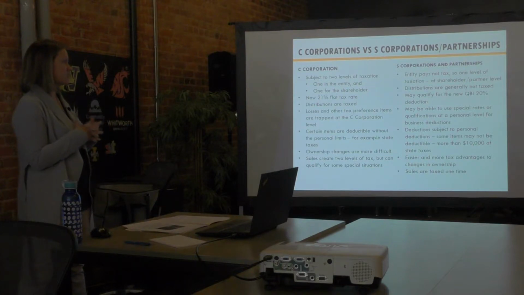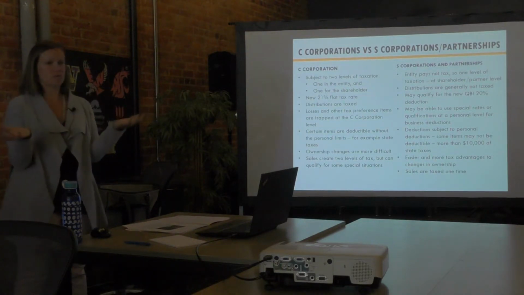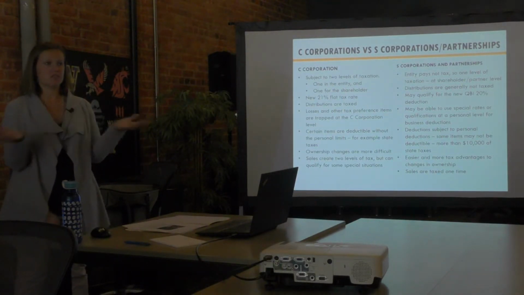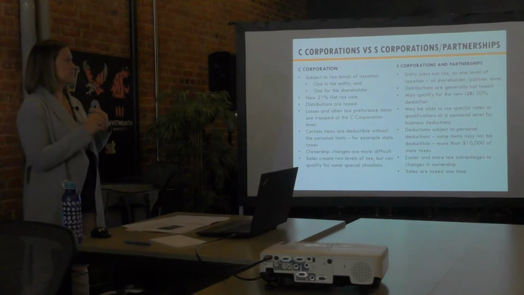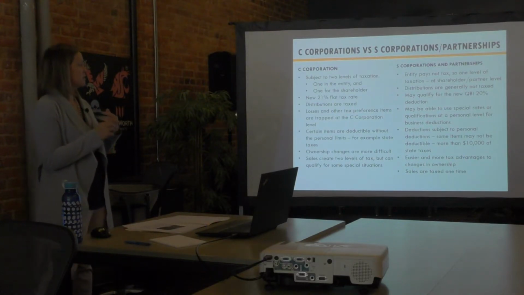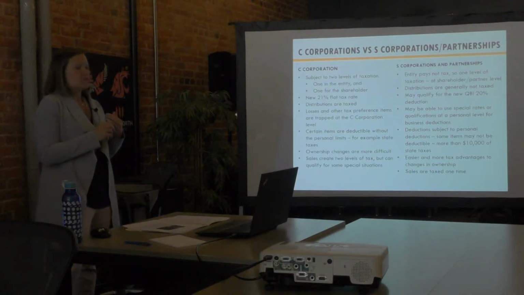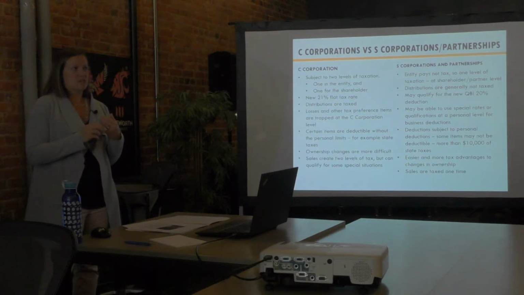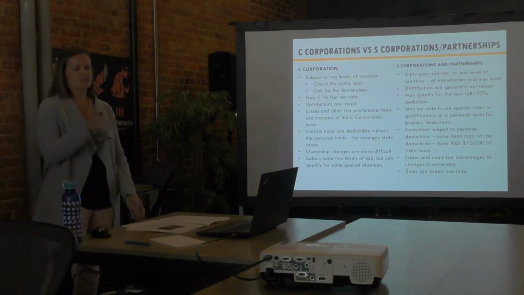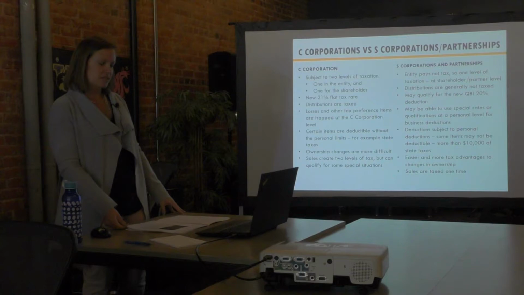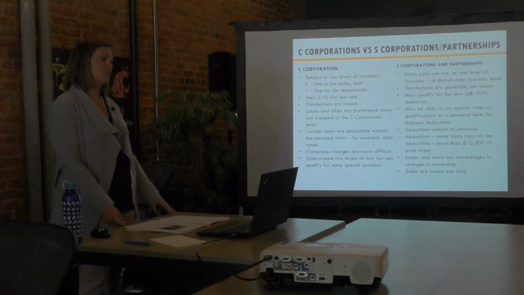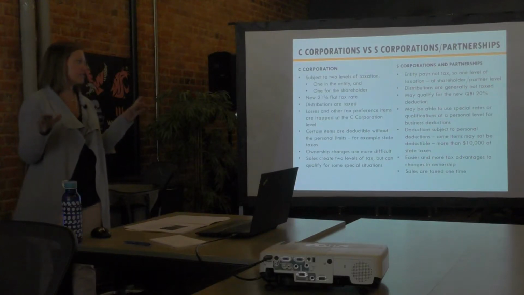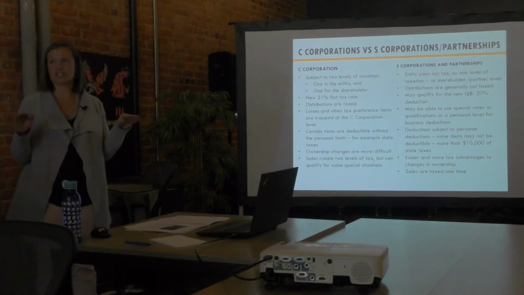Certain items are deductible in a C Corp that maybe would be a tougher deduction personally, so charitable donations is one thing. Also, if you're in a state with heavy income taxes, with the new Tax Cuts and Jobs Act, the thing that happened in 2018, they limited taxes deductible on a personal return to $10,000.